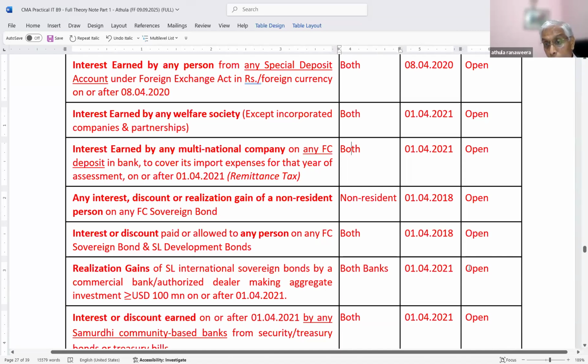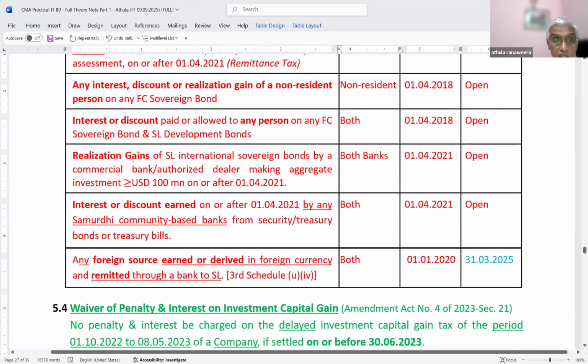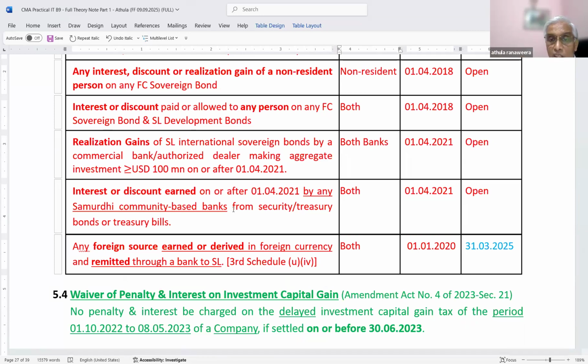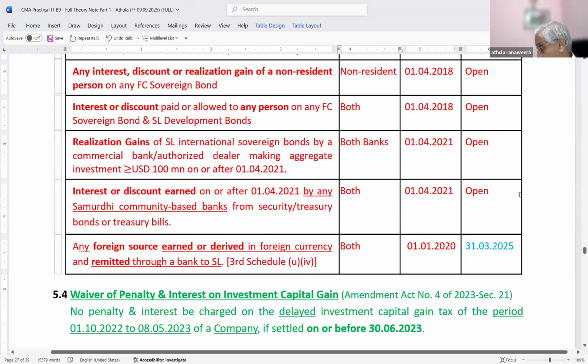For these bankers, financial institutions, it is exempted. Then interest or discount earned on or after 1st April 21 by any Samurdhi community bank. That means if a Samurdhi community bank invests in treasury bills and treasury bonds, the interest income is tax-free. There are two reasons for this.